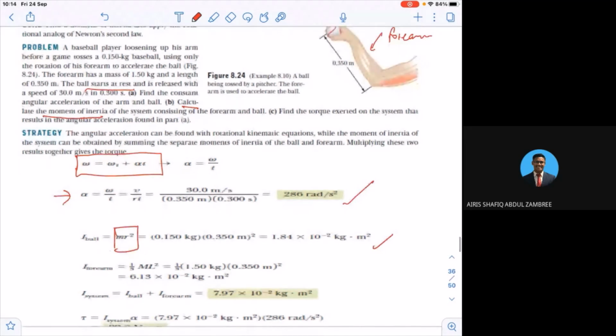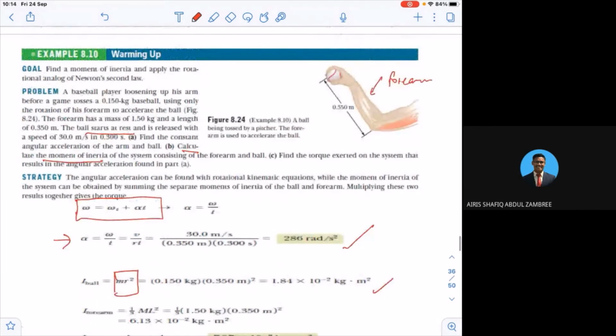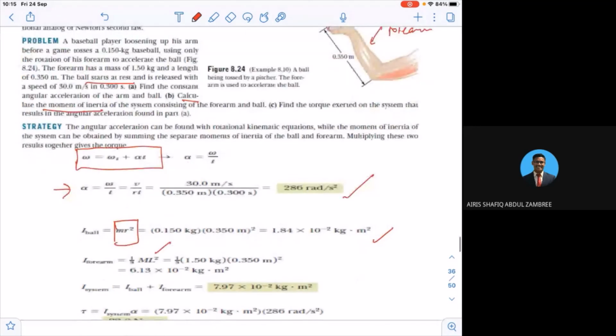The forearm is 1/3 m l squared, because we are rotating the forearm. The forearm is like a long thin rod, but it is rotating about the end of it. So we may use 1/3 m l squared: 1/3 times 1.5 kilograms times 0.35 meters squared, so you get the value in kg m squared.